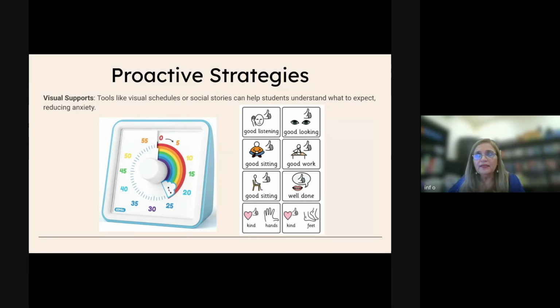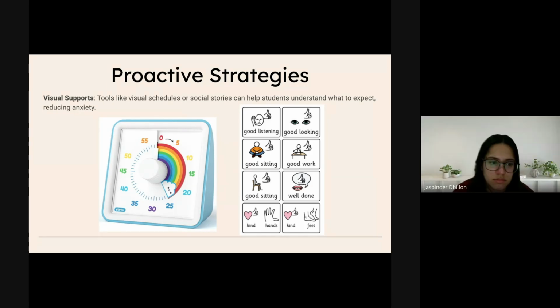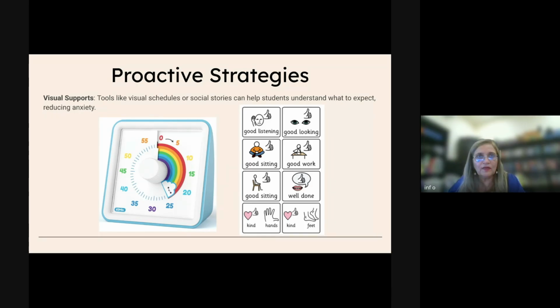Now, the visuals with good listening, good looking, good sitting, are a very, very essential and crucial part of your child's learning, because it demonstrates desired behavior. It gives the behavior that we expect the child to have. So what do we want? We want to reward that. So when there's good sitting, flash that. Show the good sitting.